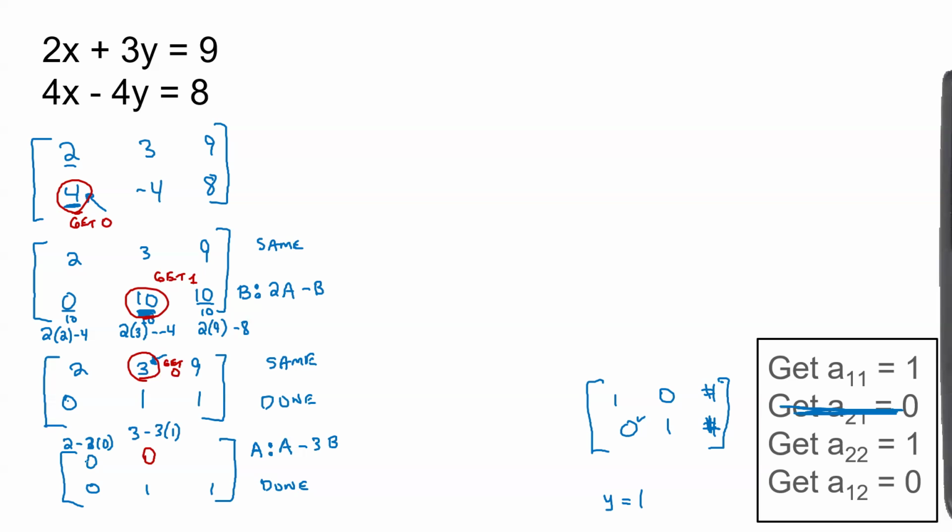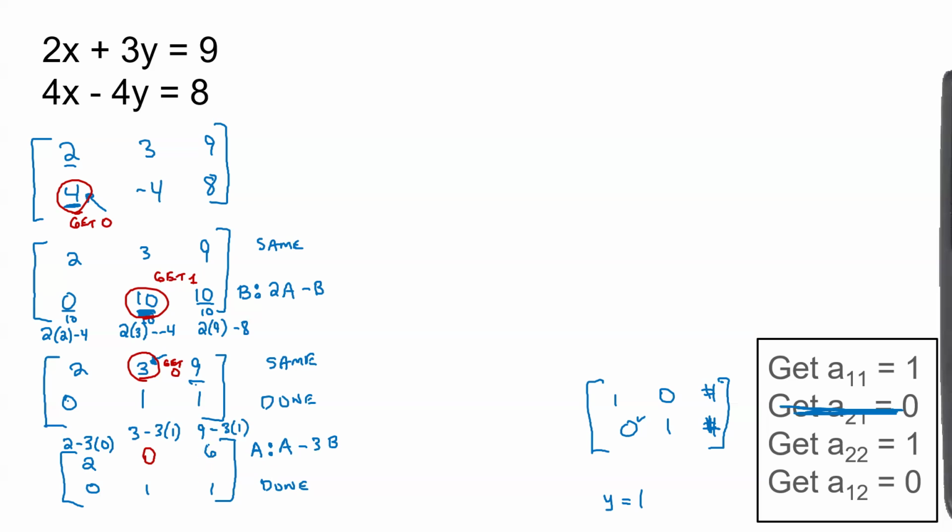That's going to give me a, nope, not a 0. Let me write that a little bit better. I got the 2 here, minus 3 times 0, and 2 minus 0 is 0, so this is still a 2 right there. All right, let's do the last one here. I got a 9 up top. That's the A, minus 3 times B, that's a 1, and that would give me a 6 right there.